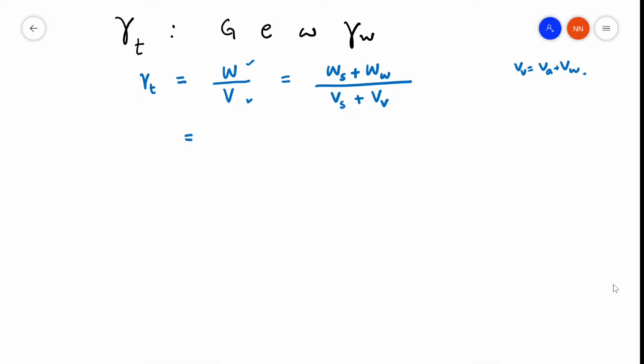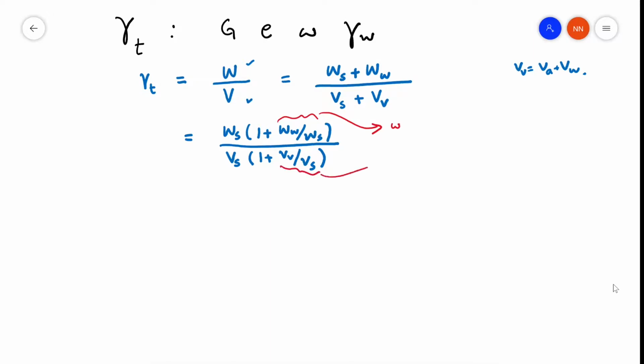If we take weight of solids common from the numerator, we will get 1 plus water over solids, and similarly if we take volume of solids common from the denominator, we will get 1 plus VV over VS. We should be able to recognize most of the quantities listed over here. This is the water content, and this is the void ratio.